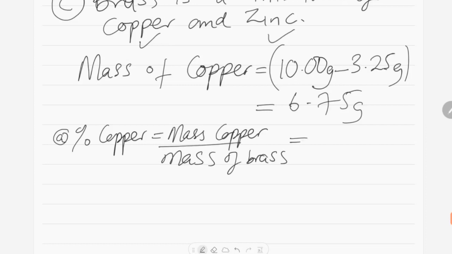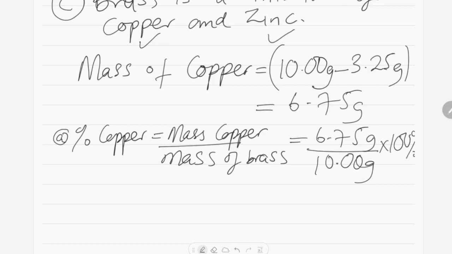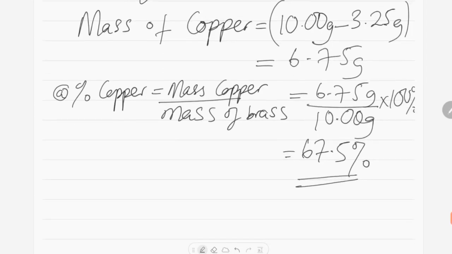The mass of copper is 6.75 grams divided by 10.00 grams. Remember, we're finding the percentage composition, so it is times 100%. So 6.75 divided by 10 gives us 67.5%. So this is the percent for copper.